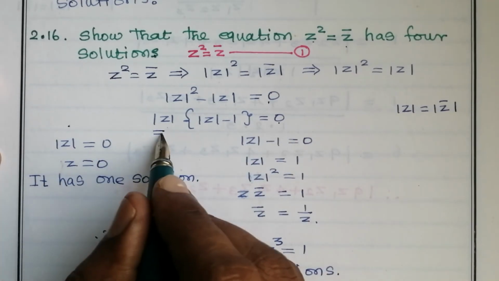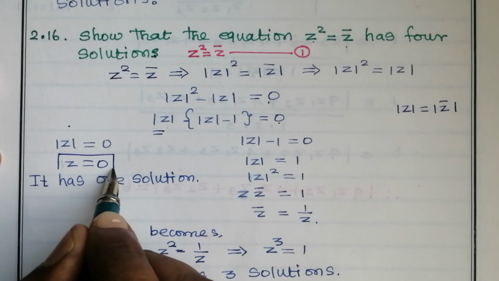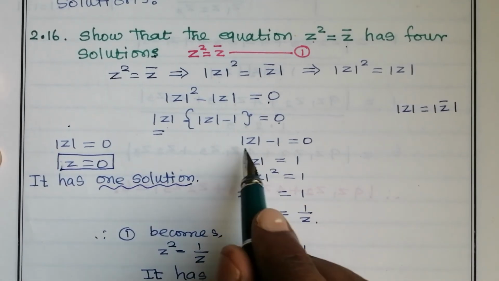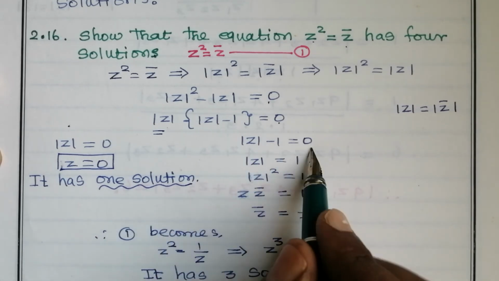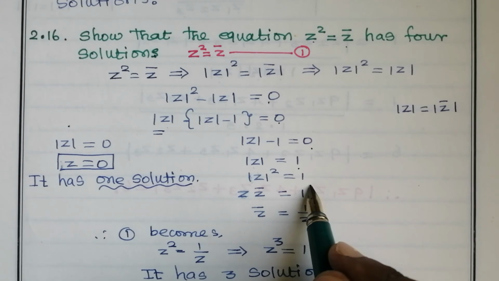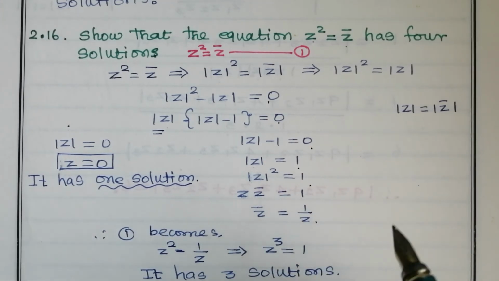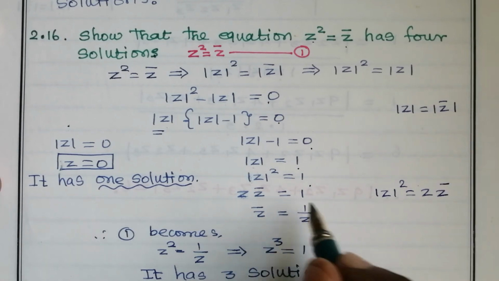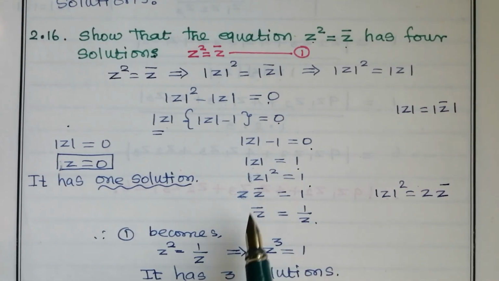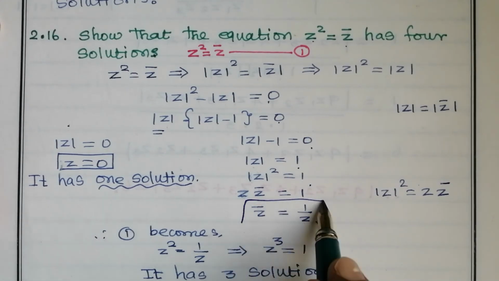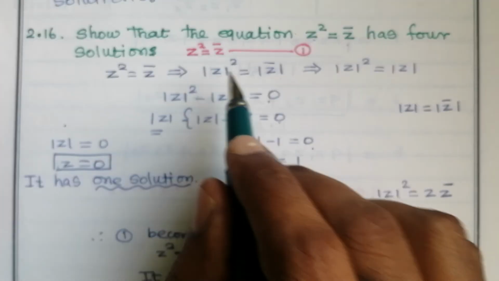So here modulus of Z equals 0, then Z equals 0 is one solution. After that, modulus of Z minus 1 equals 0, so modulus of Z equals 1. Squaring on both sides, modulus of Z square equals 1. So modulus of Z square is nothing but Z Z bar, so Z Z bar equals 1, and Z bar equals 1 by Z. Substitute Z bar equals 1 by Z in the first equation.